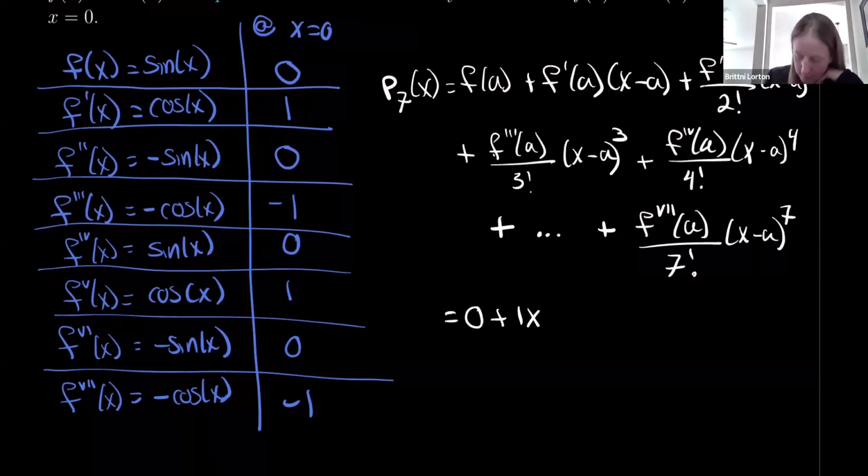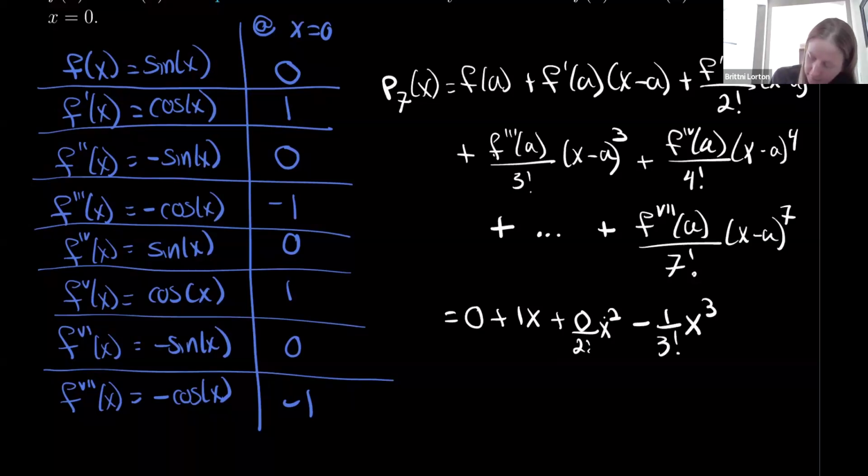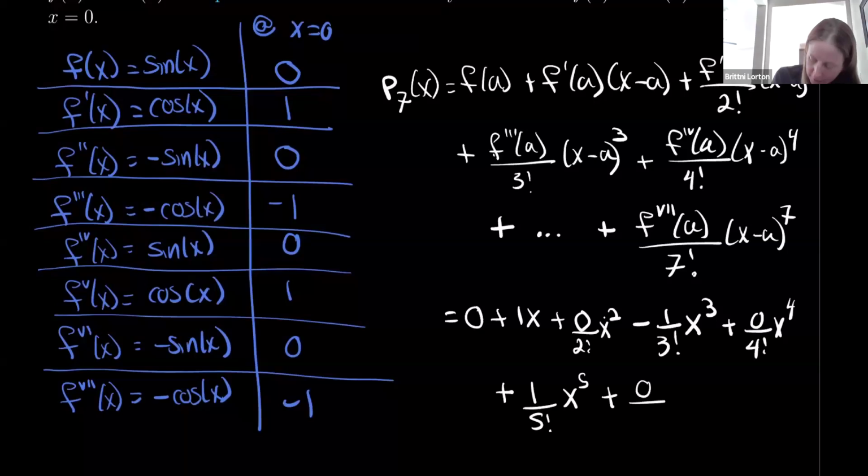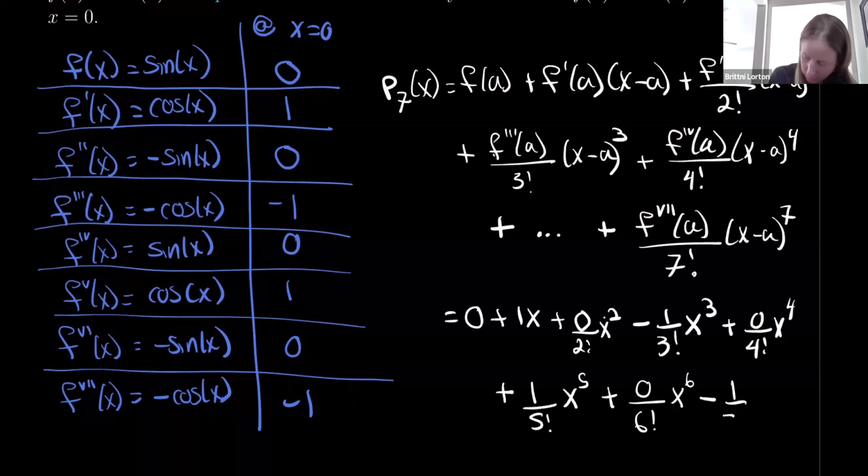That was a 1 times x minus 0 plus 0 over 2 factorial times x squared, which we don't need to write, of course, minus 1 over 3 factorial times x cubed, plus 0 over 4 factorial times x to the 4th, because the 4th derivative was 0, by the way. And then I continue on, I'm almost there, plus the 5th derivative was 1 over 5 factorial x to the 5, plus 0, because the 6th derivative was 0, and then minus 1 over 7 factorial x to the 7th.